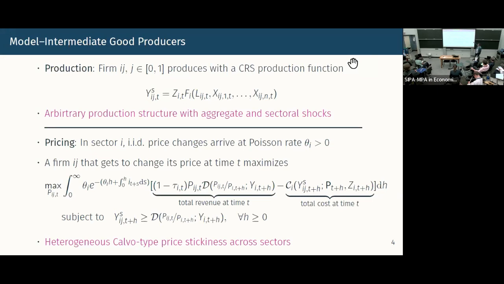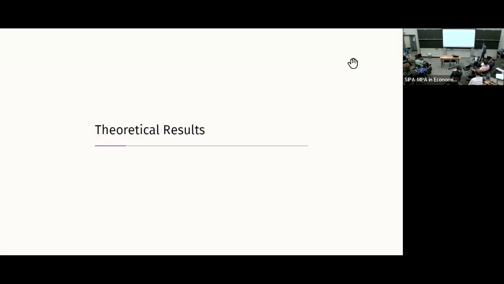So the firm is going to say, in order to produce this much, what is the optimal cost structure? That's a static cost minimization problem. And then they're going to maximize these profits subject to the fact that this is a New Keynesian model, so at any point in time, they have to meet the demand that is implied by that price. So it's a Calvo model, but it allows me to heterogeneously impose different price stickiness across sectors.